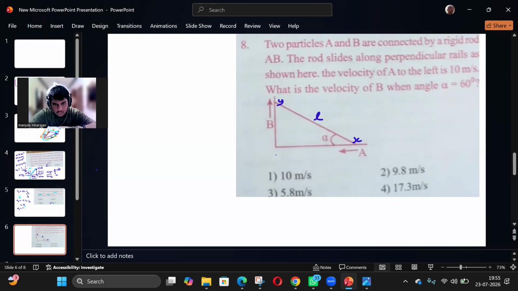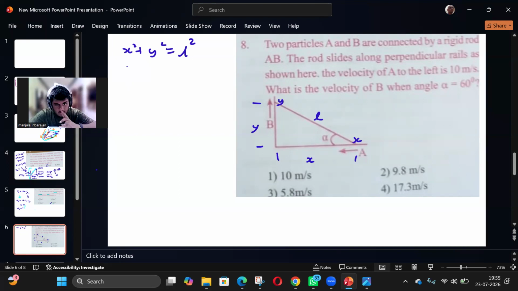The distance from here to here is x, and from here to here is y. So by Pythagoras theorem, x squared plus y squared equals L squared.